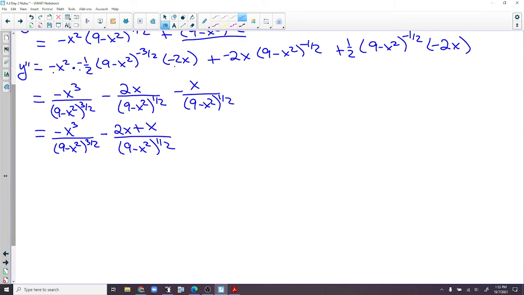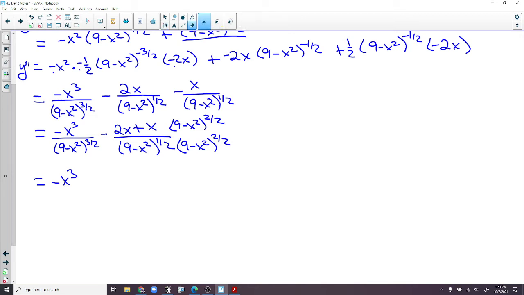All right, kind of the last step where we want to combine these now. So I have to multiply this by 9 minus x squared to the 2/2, which is 1, by the way. So that's negative x to the third. Now shouldn't, oh, that's 3x. Oh, that's, duh. You're like, how come he's not combining those? Hey, zip it. There we go.